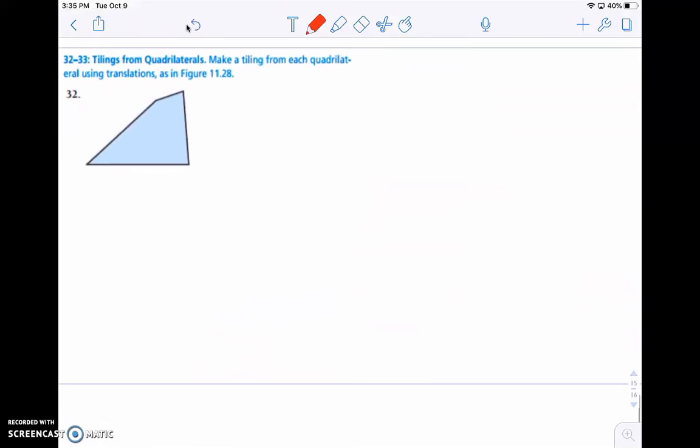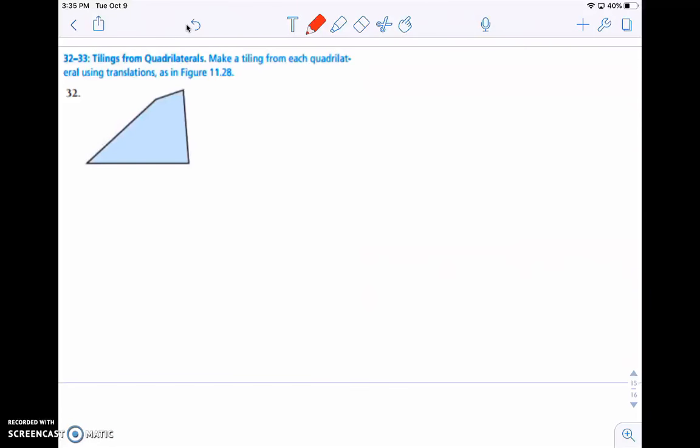So here we have a figure, and you're not going to be required to draw out a tessellation, at least in this lesson, but it can be a pretty interesting exercise if you like art.